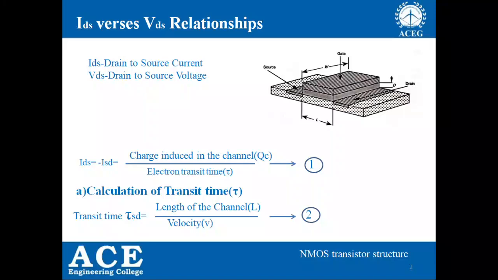So the time is tau SD, and the distance that the electron traveled is the length of the channel. In order to travel from source to drain, it has to cross the channel, right? So the distance will become the length of the channel L, and let us consider the velocity as V, and let us name this as equation number 2.